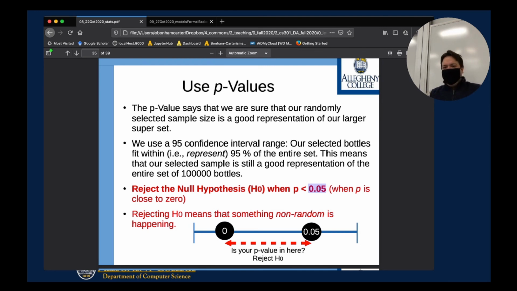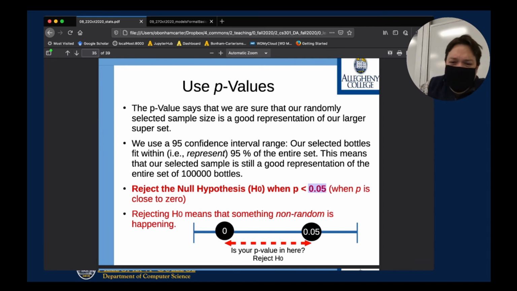But you can even have a smaller number, 0.01, which means that you are 99% sure. If my value of p is less than 0.01, I'll say that I am 99% sure that there is something going on between the fillings of my bottles, so that I'm getting more green and less purple. I don't know what it is, but there is something happening.